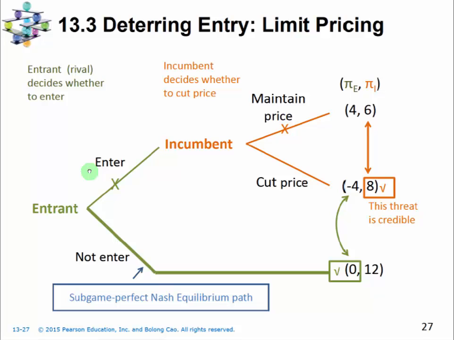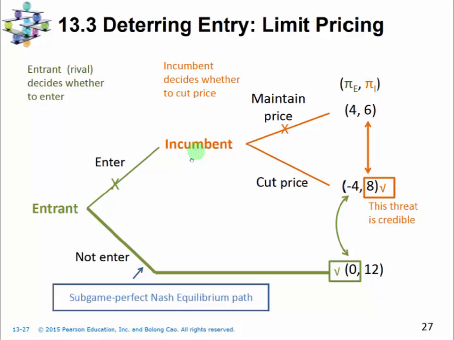Because the order of the moves has changed, the payoffs, or the profits, to the entrant are now in the first place in the parentheses, and the profits to the incumbent are now in the second place in the parentheses.